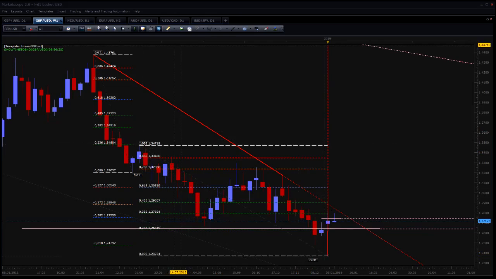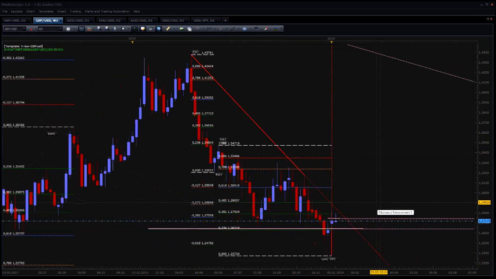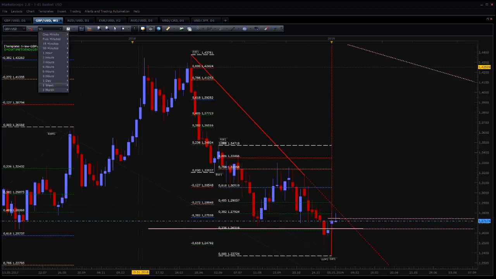We draw a new weekly AB. There we go. Which matches with smaller waves on the monthly chart. It's just fascinating. Once you understand it, once you see these things, it's just fascinating how the market works. Right, so this is on weekly. And we switch down to daily.